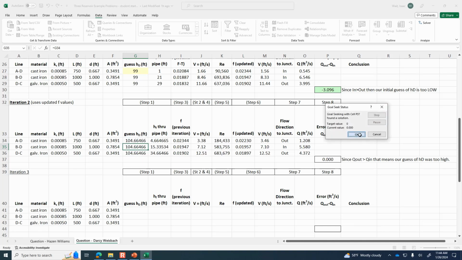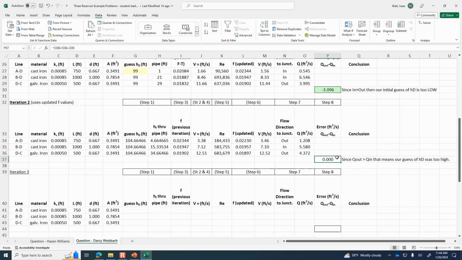And it'll get us pretty close to the solution. Like, there's no error in the in versus the out, but we're not done yet because the F values are still changing a little bit. And if you look at the velocities are still changing a little bit.